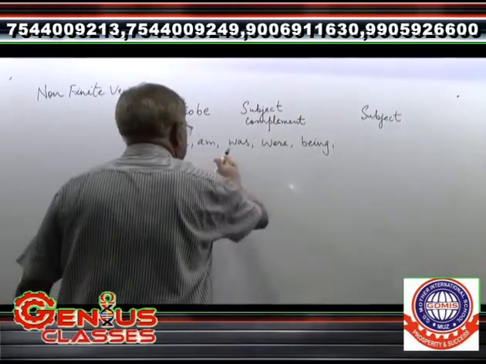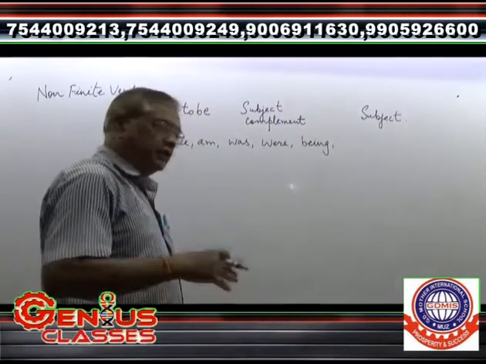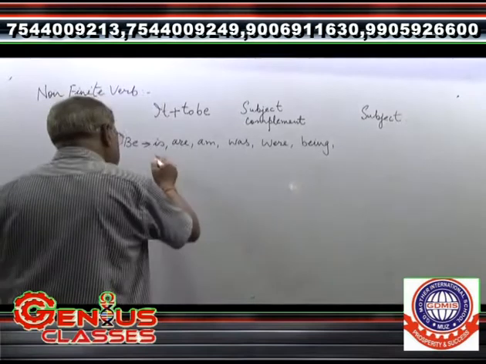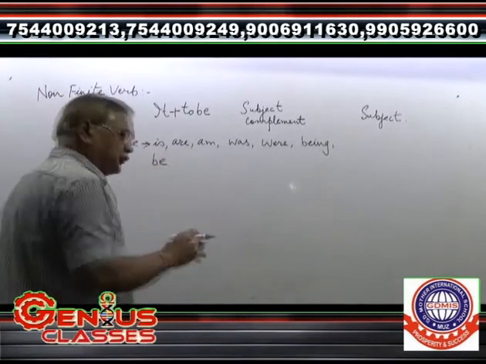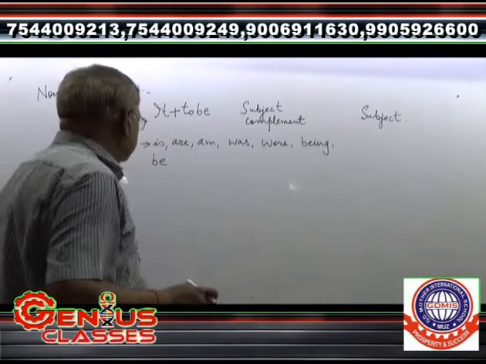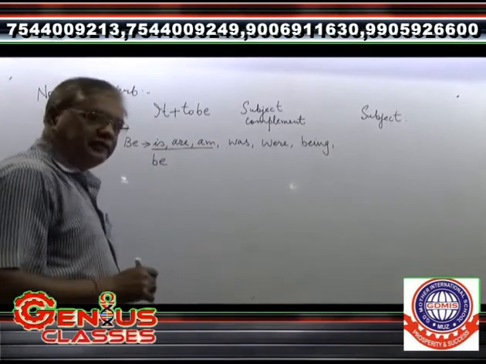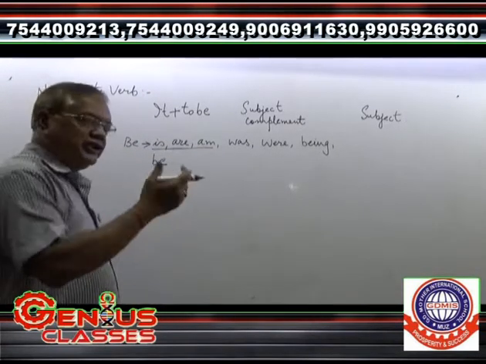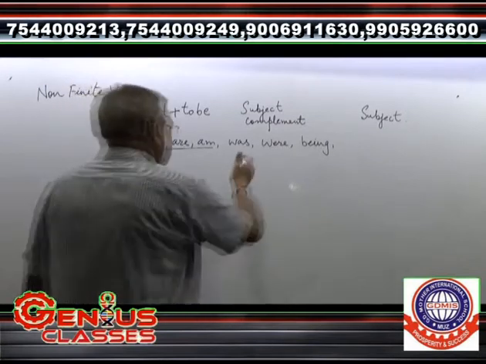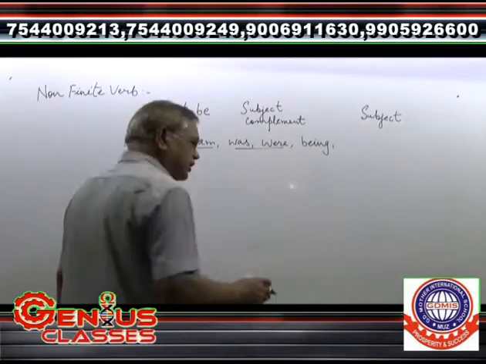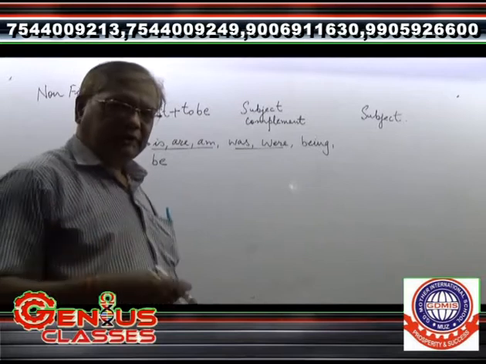So these are the words that can be used, and the word be also can be used. So is, are, am is the simple present tense, the present tense that we are using. Was, were is under simple past that we are using.